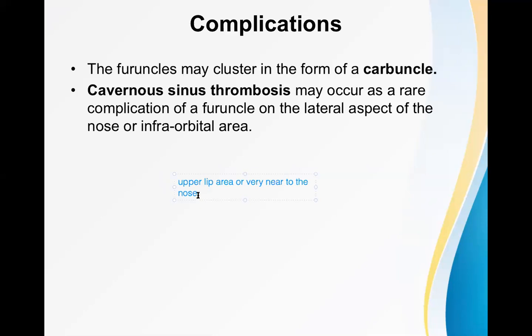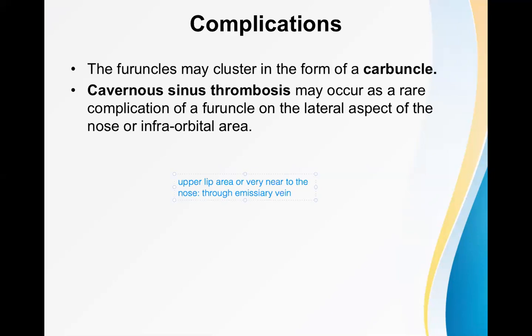Remember that they have connection with the intracranial veins through emissary veins. I'm giving you a little bit more knowledge here. Through emissary veins, the veins draining this area have connection with the intracranial veins.